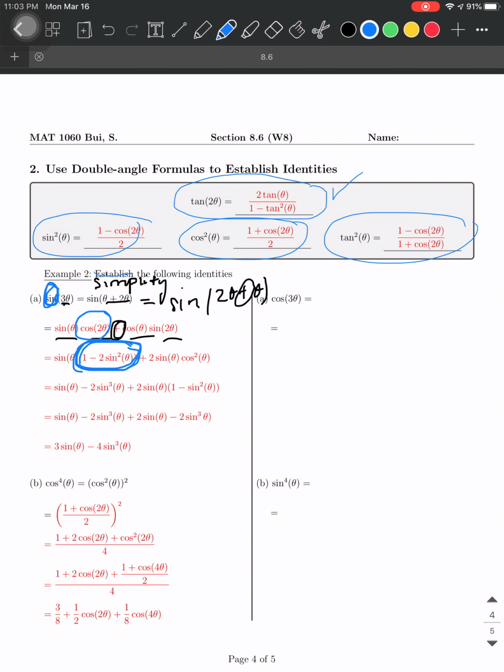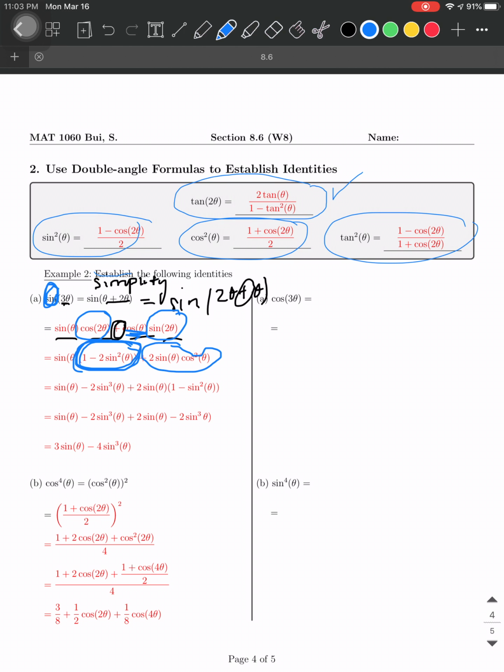Moving on to the expression, we also know that sin of 2 theta equals 2 sin theta cosine of theta. I put a square in here because we also have another cosine here. That's why we have two cosines.